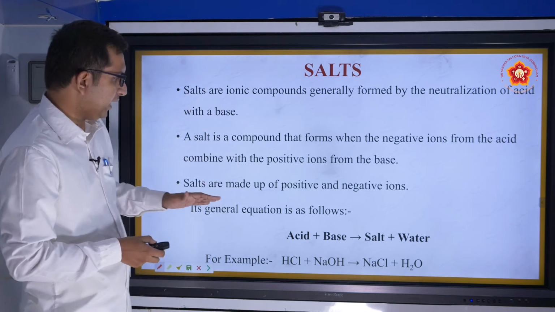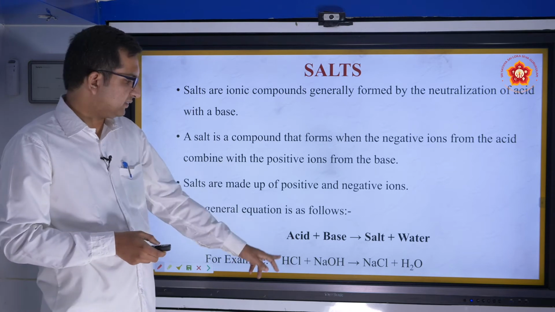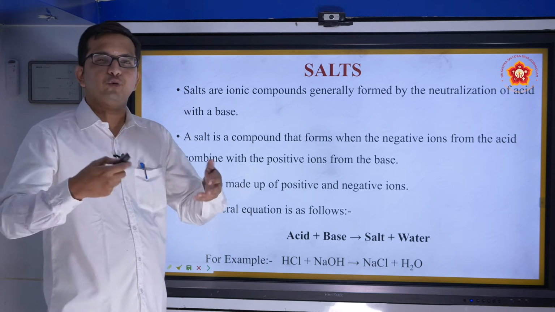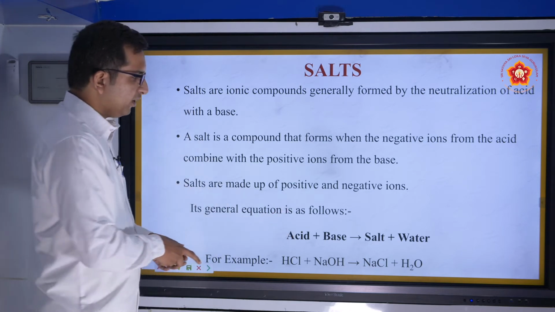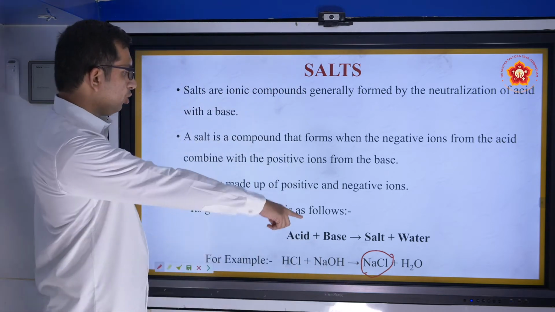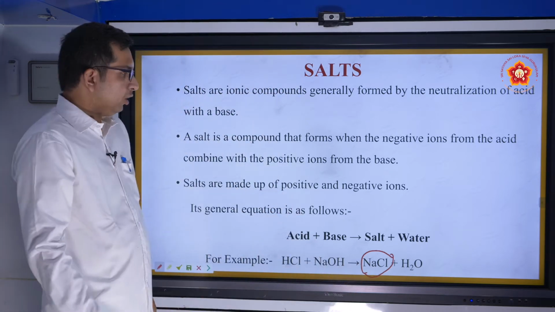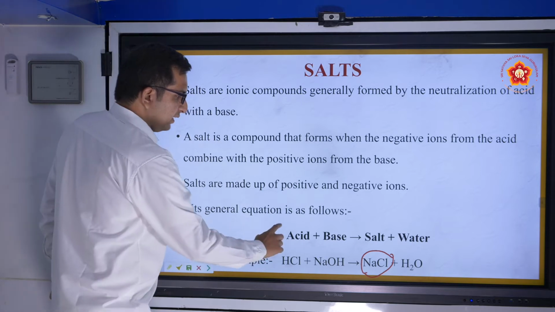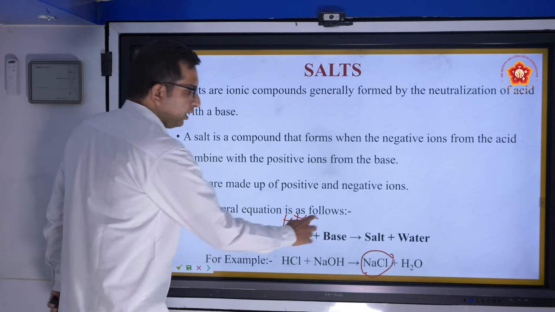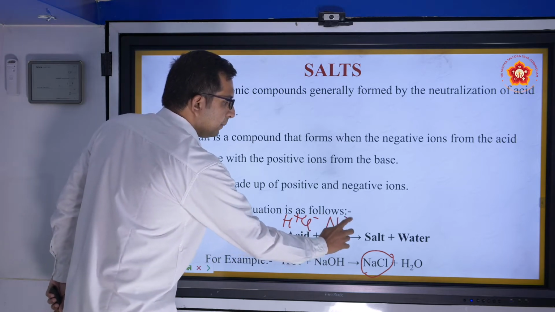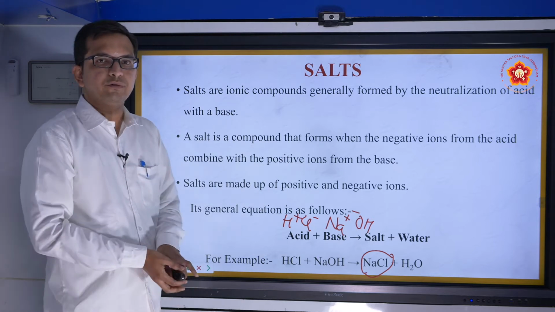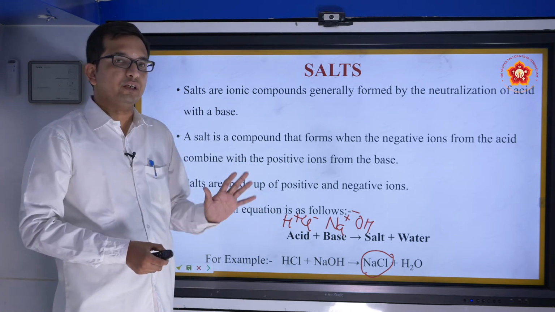You can see here, as an example, HCl and NaOH, a simple reaction that has been repeated to you many times, where NaCl is the salt that has been generated and H2O we call the byproduct. In HCl it is H plus and Cl minus when you dissociate it. In NaOH it is Na plus and OH minus. This is the dissociation. I am sure we have understood this part very well till now.